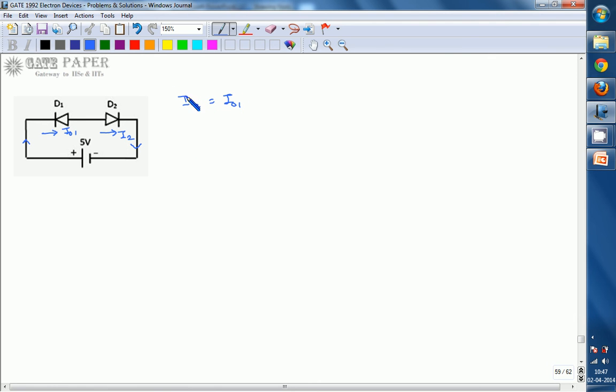But which current do we have to take, what is the effective current, whether it is the reverse saturation current or the forward current? We know whenever current sources are in series, the currents must be the same, so always the least current is the resultant. Consider the least current when current sources are in series.